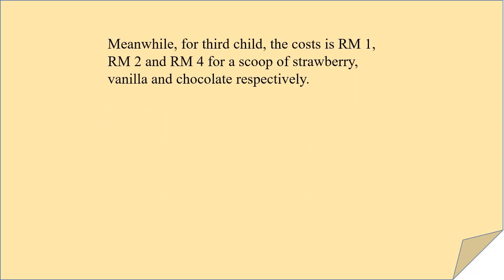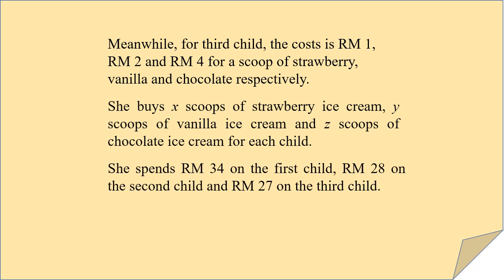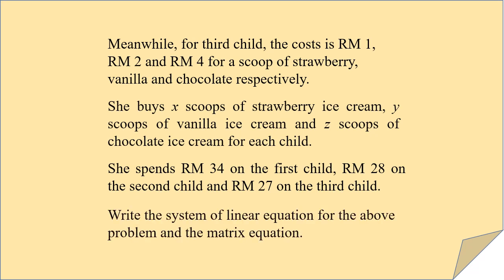Meanwhile, for the third child, the cost is 1 ringgit, 2 ringgit, 4 ringgit for a scoop of strawberry, vanilla, chocolate respectively. She buys X scoops of strawberry ice cream, Y scoops of vanilla ice cream, and Z scoops of chocolate ice cream for each child. She spent 34 ringgit on the first child, 28 ringgit on the second child, and 27 ringgit for the third child. Write the system of linear equations for the above problem and the matrix equation.